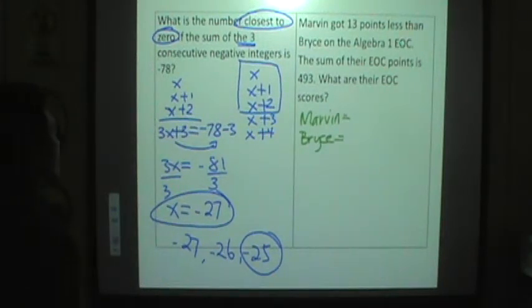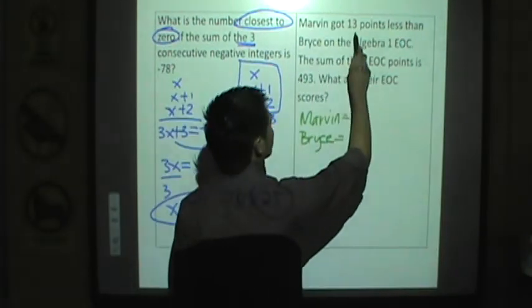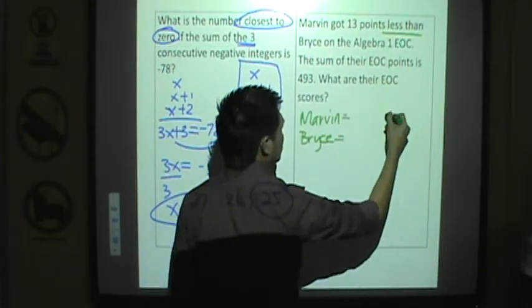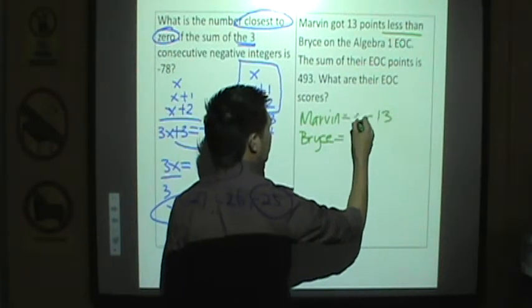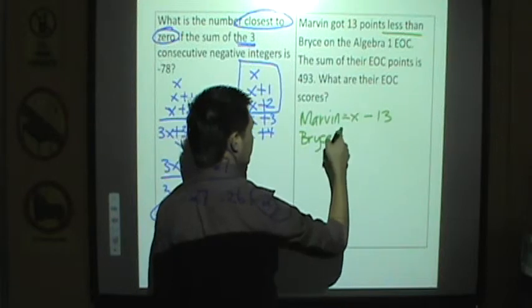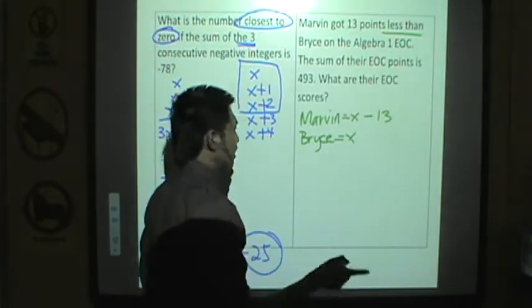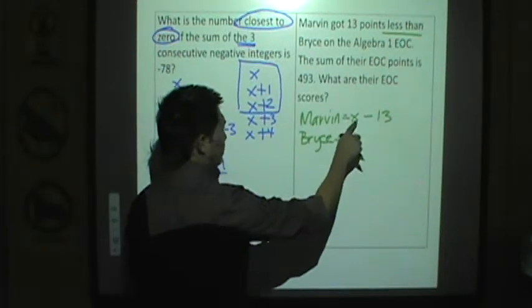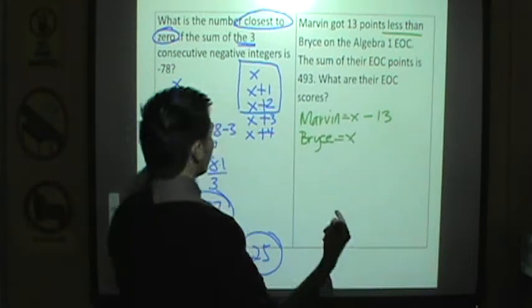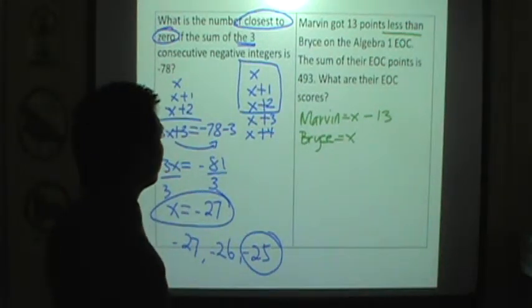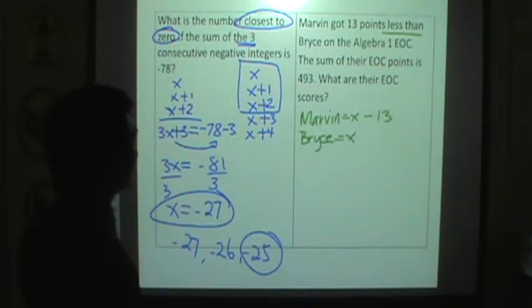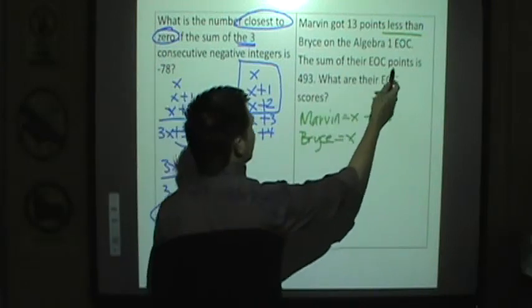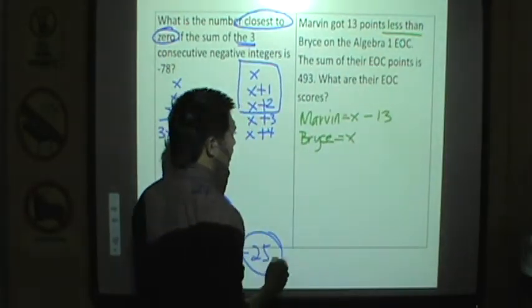According to the problem, Marvin got 13 points less than Bryce. Therefore, Bryce is the one getting x, because we don't know the score of Bryce. What we know is Marvin gets minus 13 compared to Bryce's score. But the sum of their EOC points is 493.